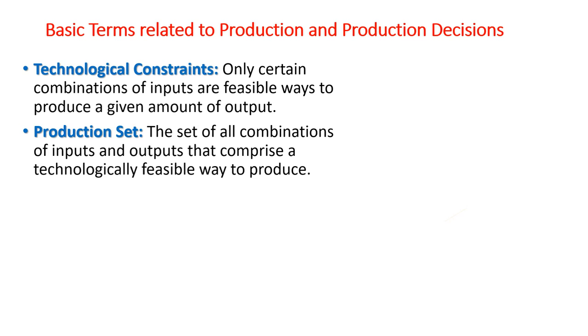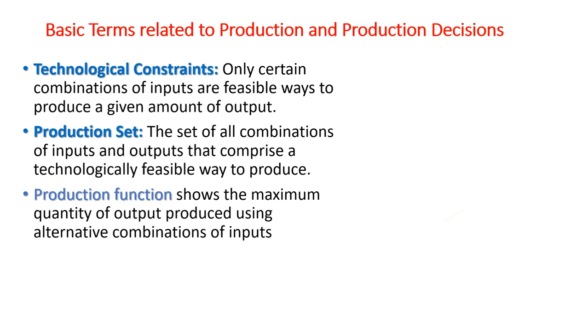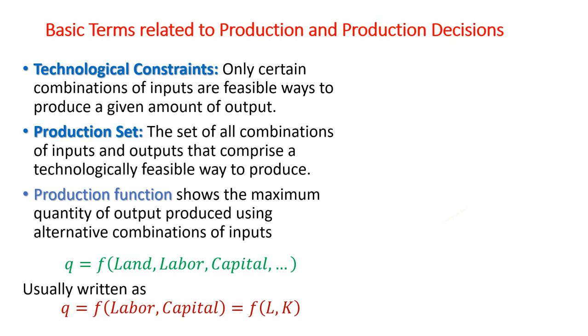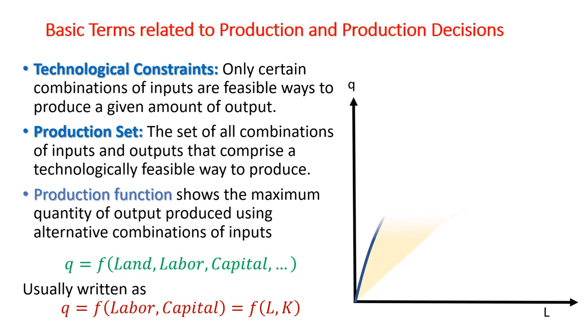However, the production function shows the maximum quantity of output produced using alternative combinations of inputs. That is, the production function is in fact the boundary of the production set. We can understand both these concepts better using the following graph.